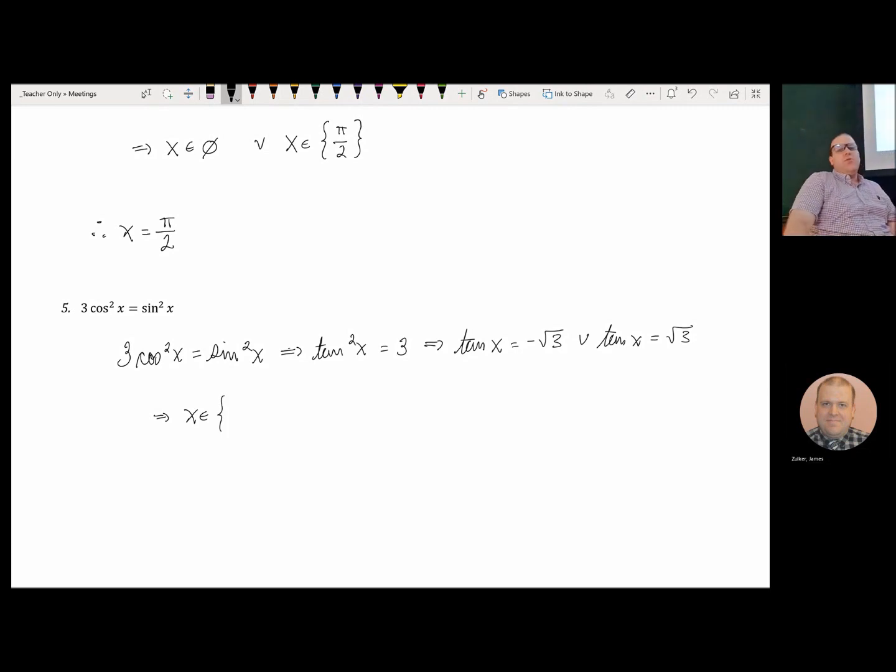Where is tangent -√3? Is it pi over 3? Wait. Oh, no.